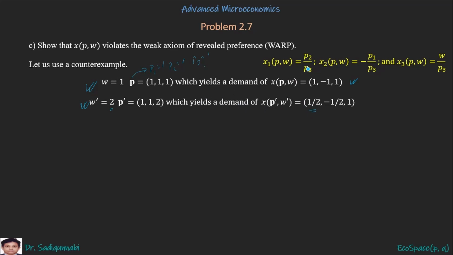P1 equal to 1 and P3 equal to 2, so minus half. And w over P3 is 2 over 2, that means 1. So these are our examples.